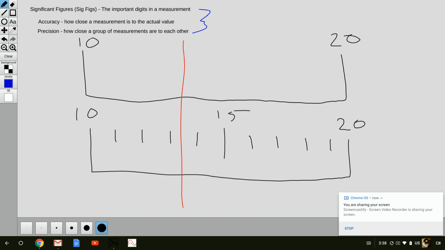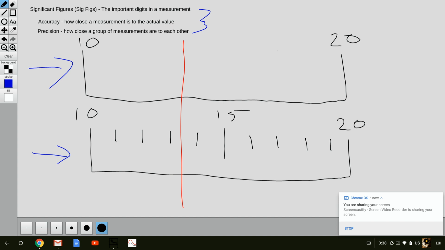So what I've done here is I've drawn two really rudimentary rulers. The top ruler is just marked in the tens places, so it's 10, 20, 30, 40, etc. And this bottom ruler is marked to the ones place, so it's 10, 11, 12, 13, 14, etc. We're going to try and measure this red line.